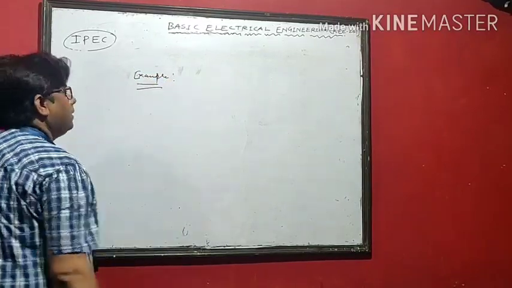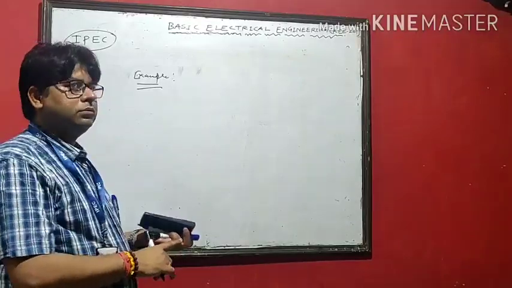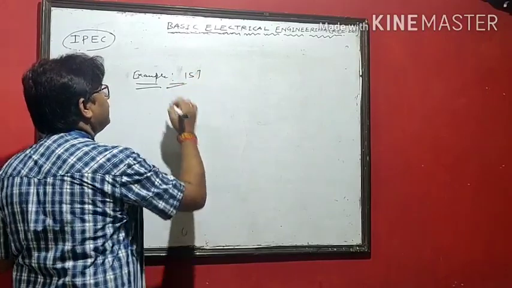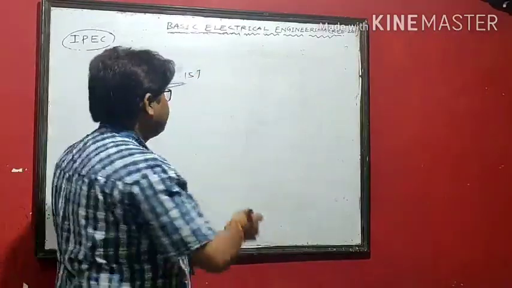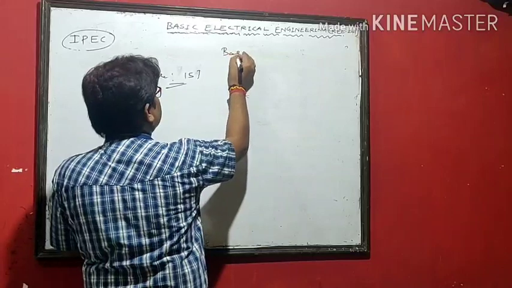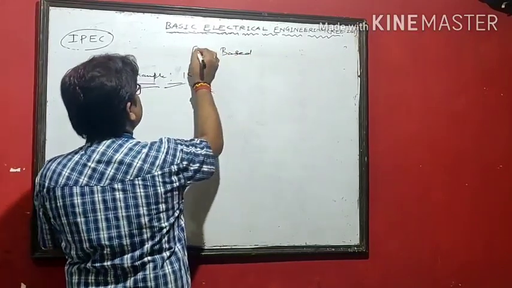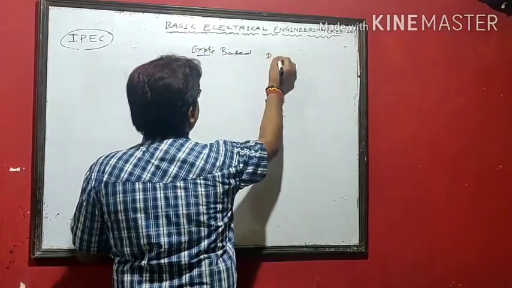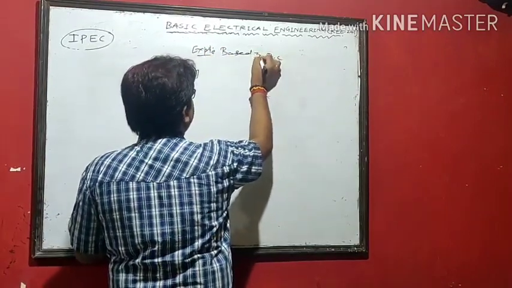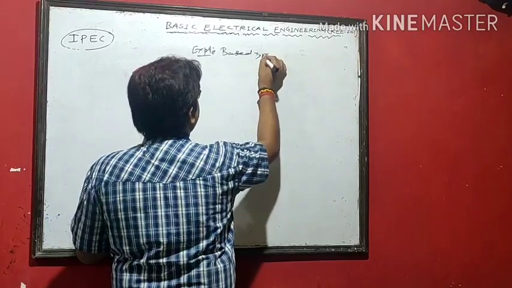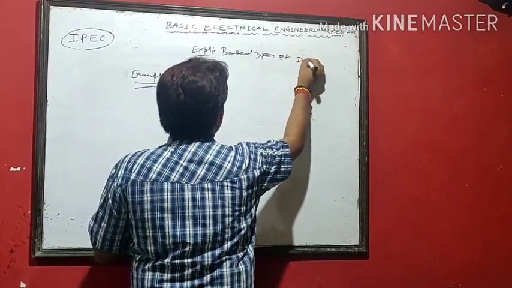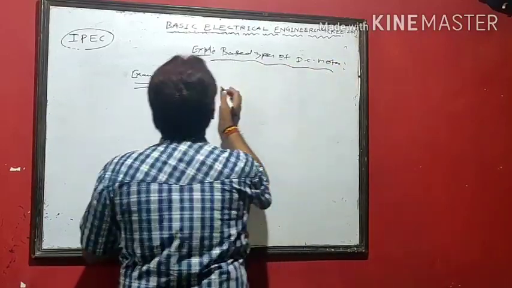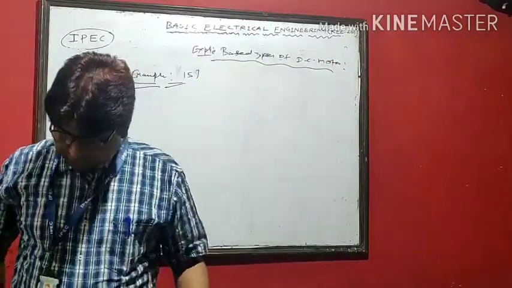It is example number 1 to 5, based on types of DC motor. Okay, so write down the question.